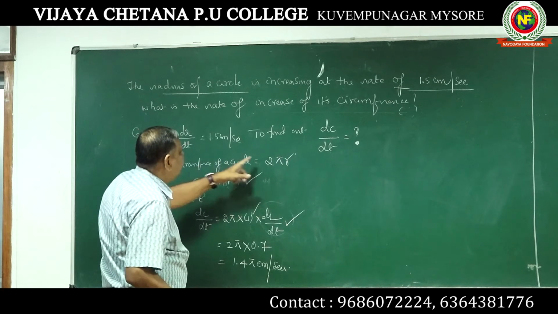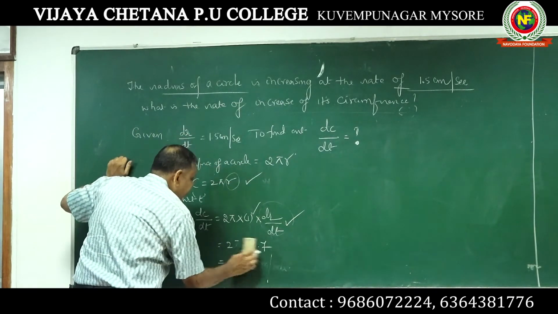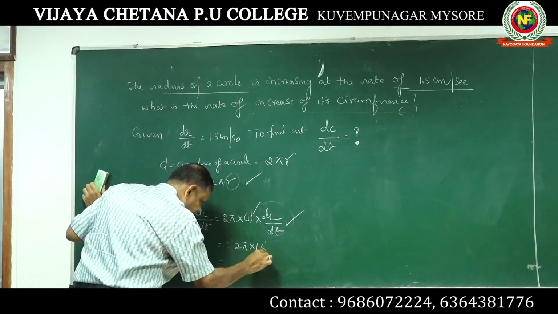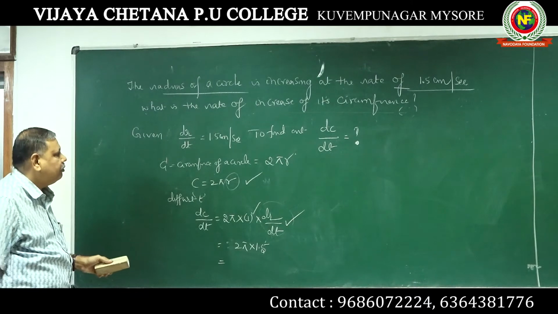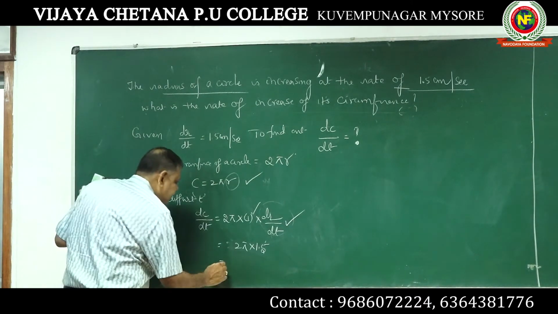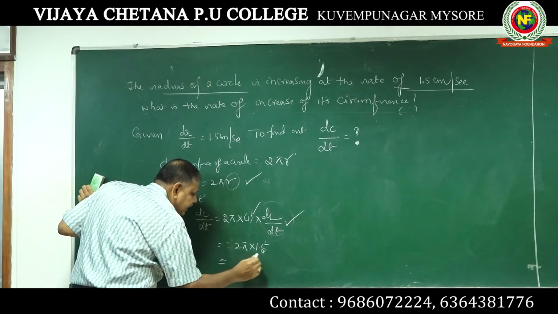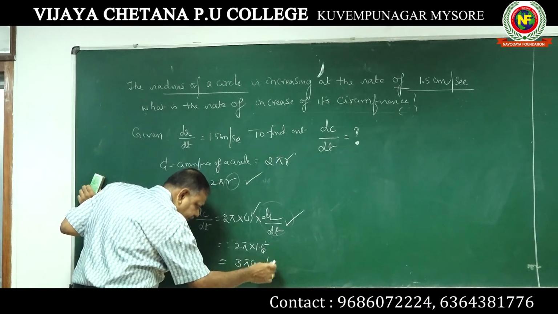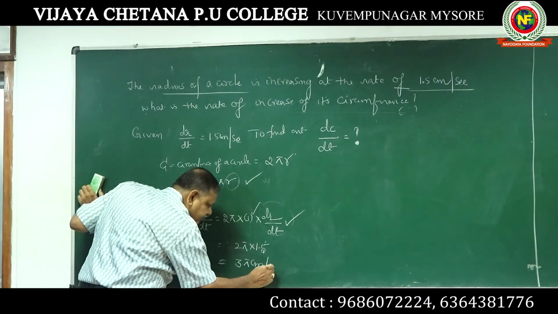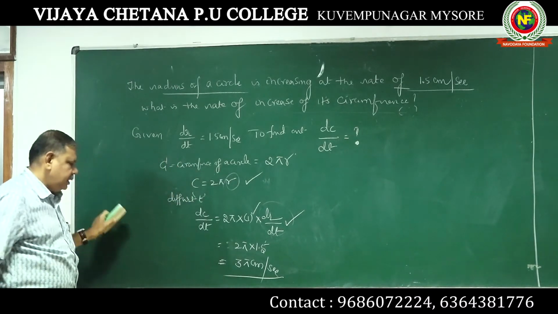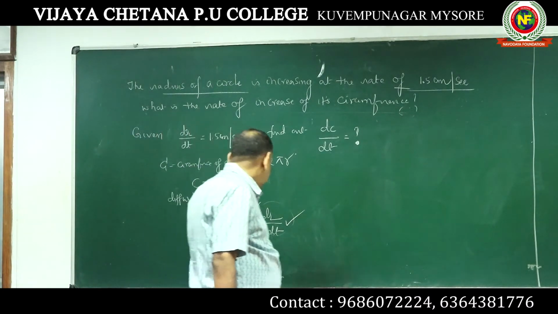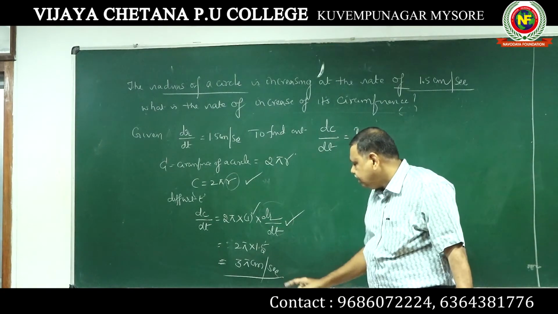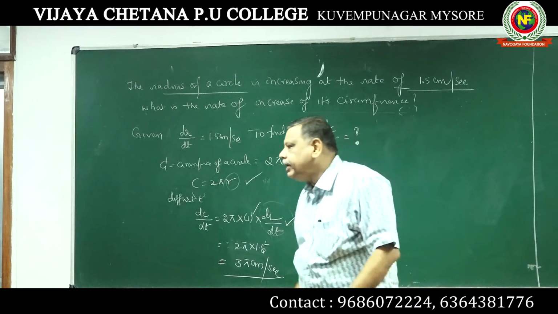Here it changes: we have dr by dt as 1.5. 2 pi into 1.5, or 2 into 1.5 is 3, so 3 pi centimeter per second. Here only dc by dt has changed. We have substituted and found 3 pi centimeter per second.